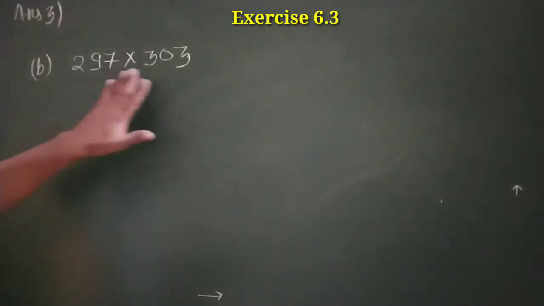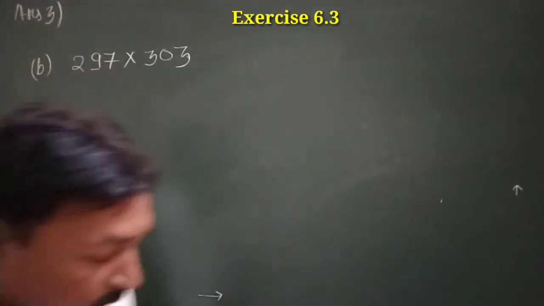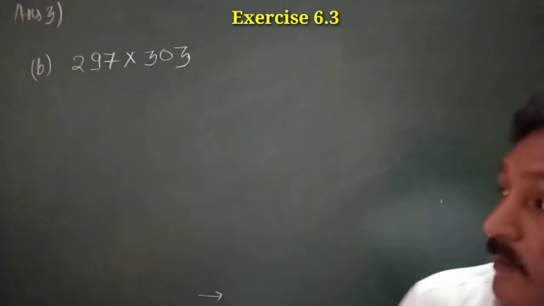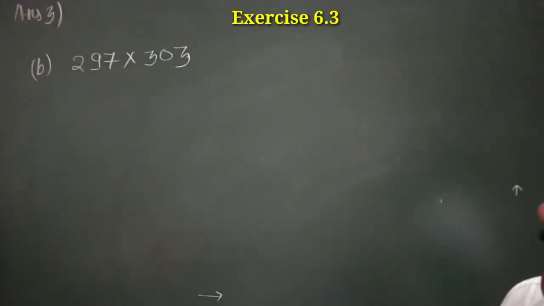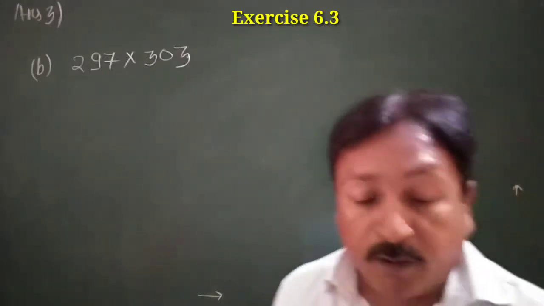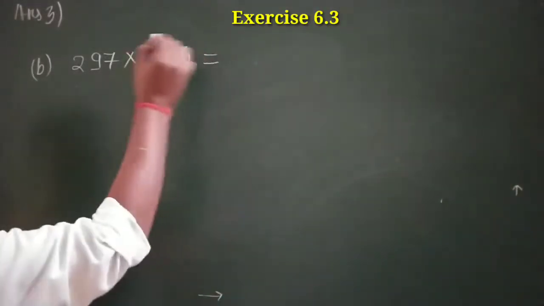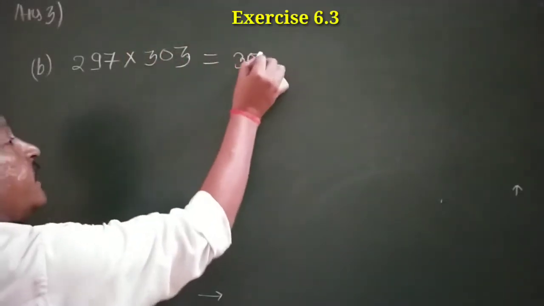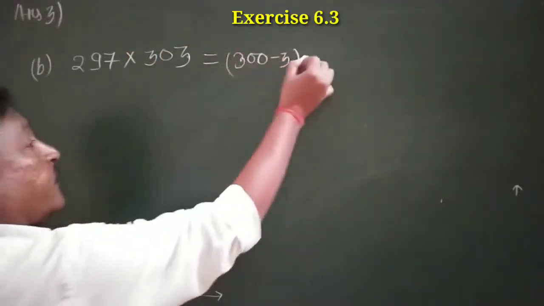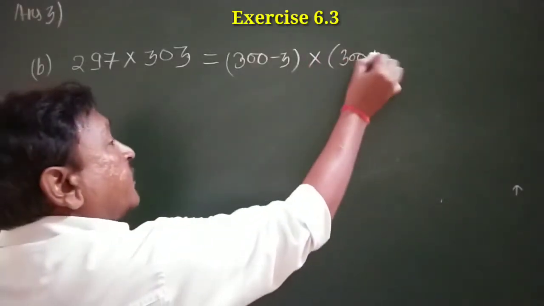Okay students, now see part B on the board. We have to solve it. First of all we have to convert it into such a form that we can apply the identity here. So 297 we can write as 300 minus 3, and 303 we can write as 300 plus 3.